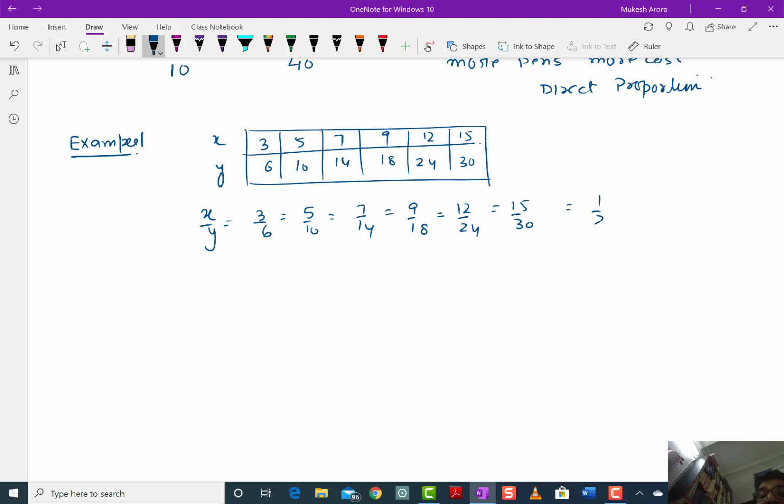So all are 1 by 2, therefore it is in direct proportion.